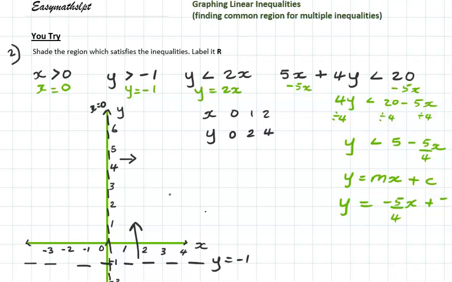So 0, 0 is right here, and then 1, 2 and 2, 4. We're also going to have a broken line, because it does not say it's equal to it. It says it's less than it, so we have to be going below this line. So below the line. Let's label this as y is equal to 2x.